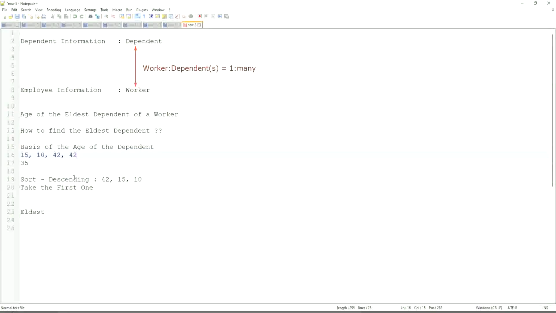Okay. But in this case, let's say, even if you have more numbers like 42, 43, 75, 82, and so on. If one worker has so many dependents, which these are their ages, is the logic that we have defined absolutely bulletproof?